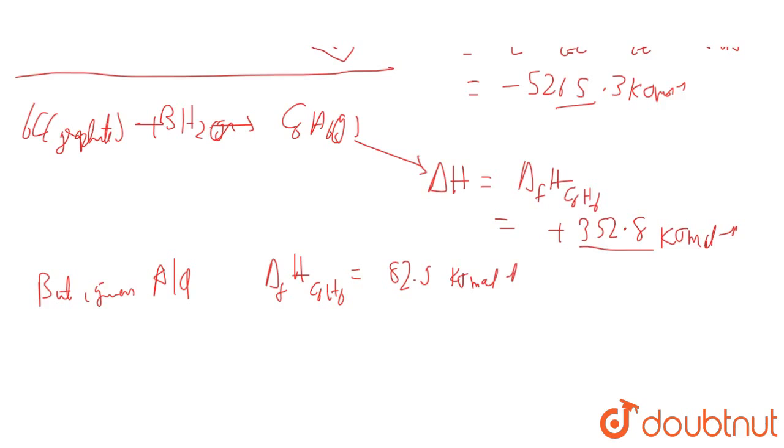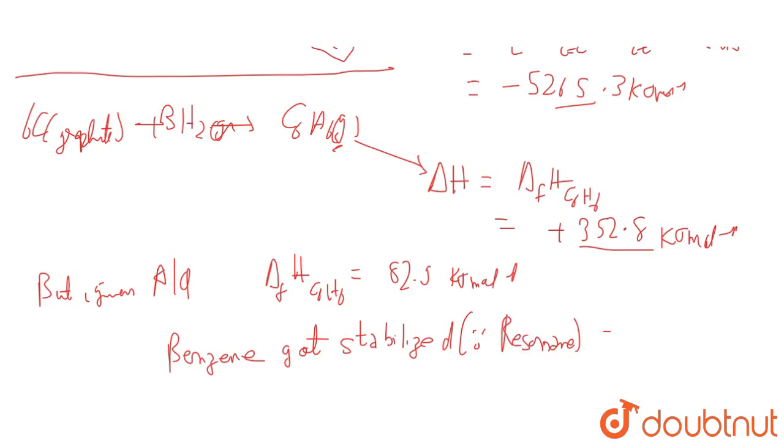So definitely this particular benzene has got stabilized, and that stabilization is because of resonance only, and the resonance energy would be the difference between these two terms, that is 352.8, that we have found, minus theoretical value, that is 82.9.